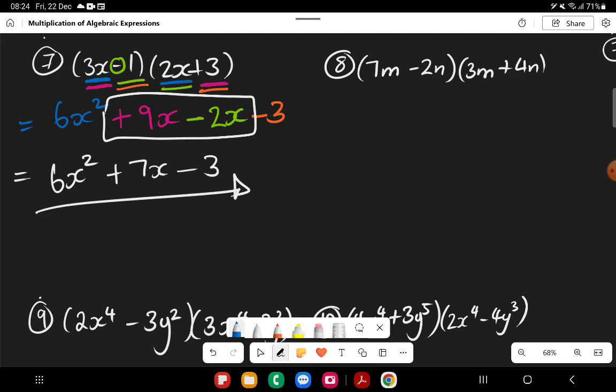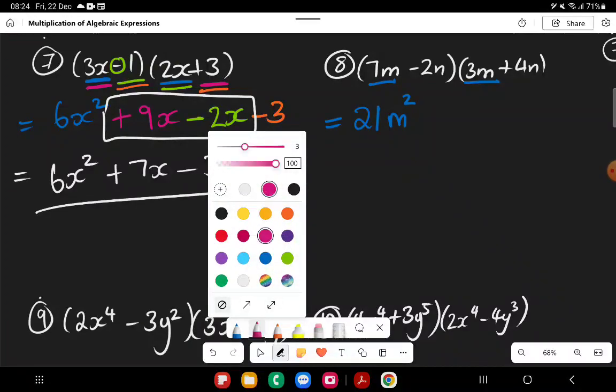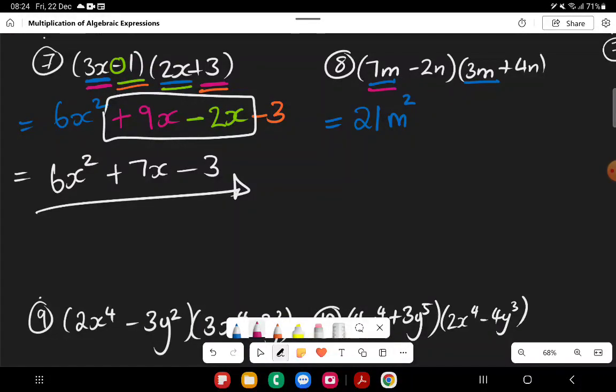Question 8. First times first. 7 times 3 is 21m squared. Then we are going to do outer times outer. 7 times 4 is positive 28 mn. There's an m here, there's an n there.